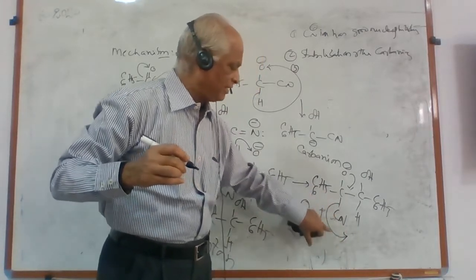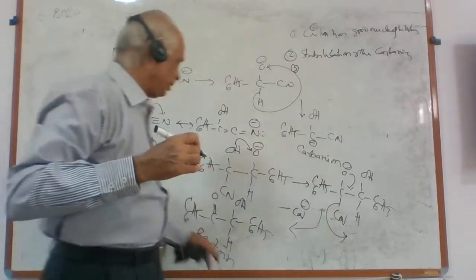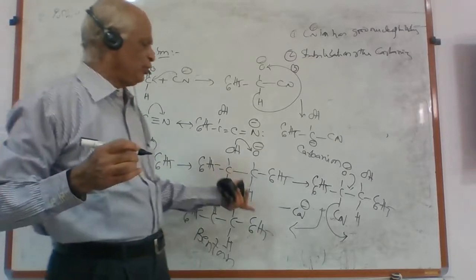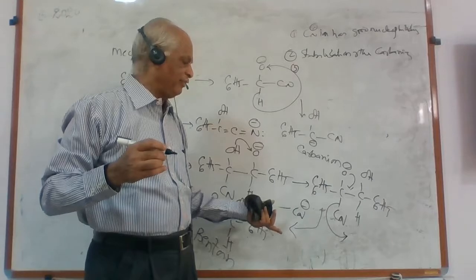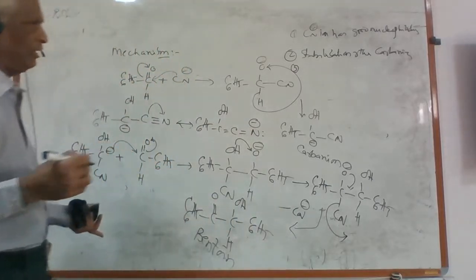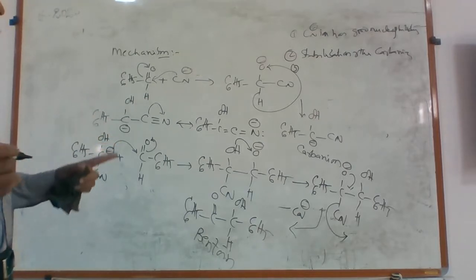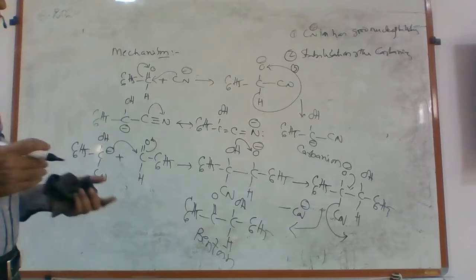Since CN minus ion can depart as a nucleophile easily, the reaction is completed. That means the ease with which CN minus ion departs is the way we can complete the reaction. So because of the good qualities of CN minus ion, this reaction takes place, a very good reaction in synthetic organic chemistry.